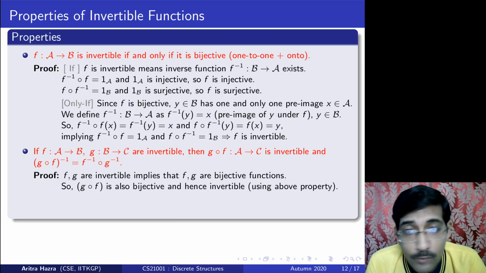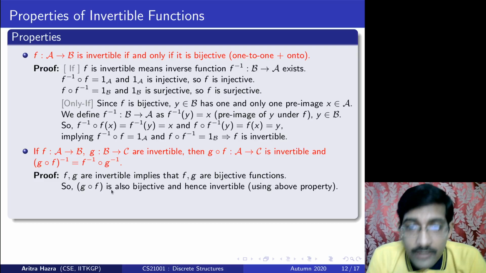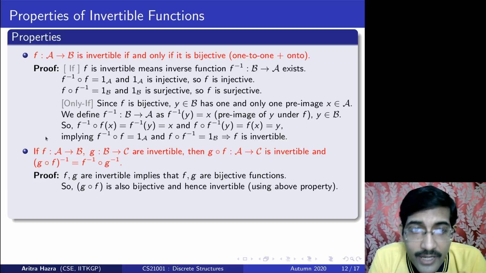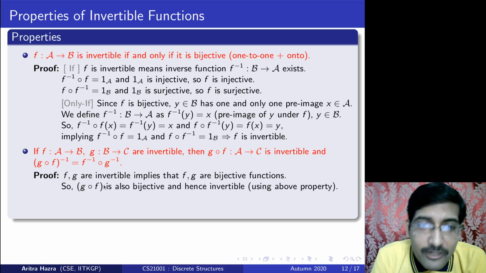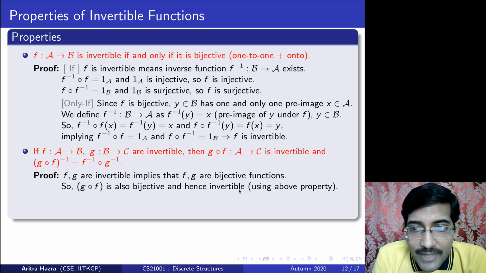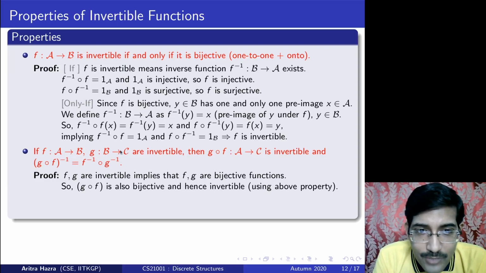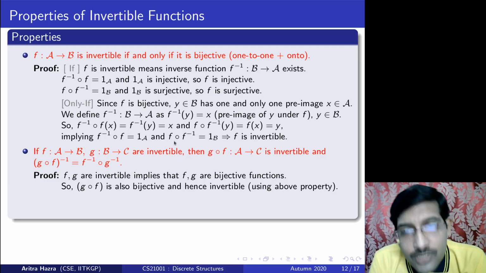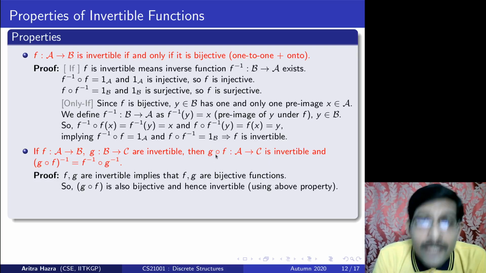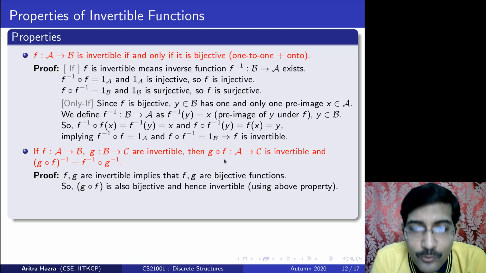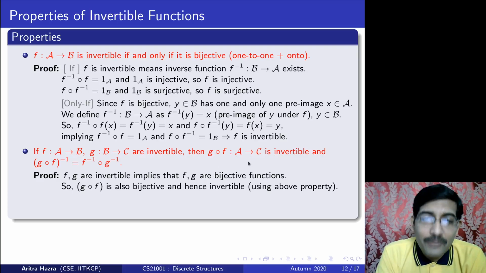Then, relying on the previous theorem, the backward part, if something is bijective, then it is invertible. So we started from invertibility, showed that they individually are bijective, used an earlier theorem to prove that the composition is bijective, then used the previous theorem again to prove that it is invertible.